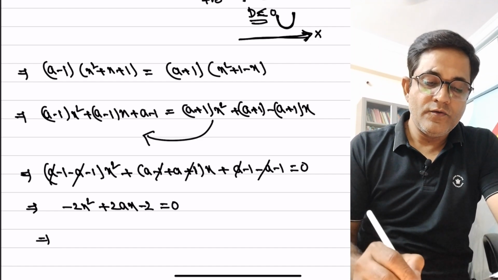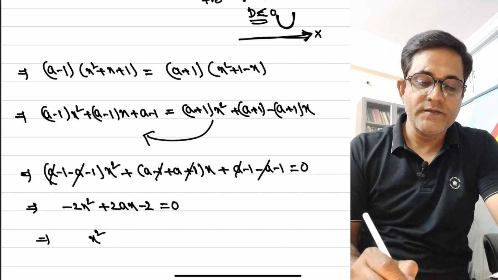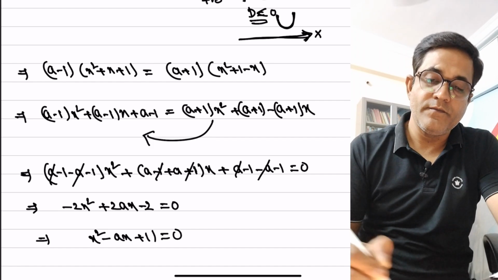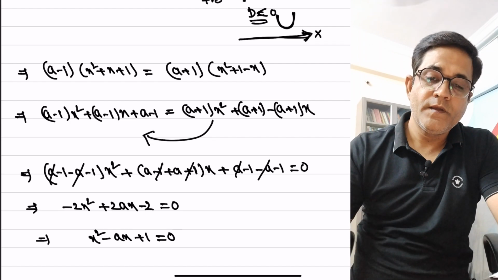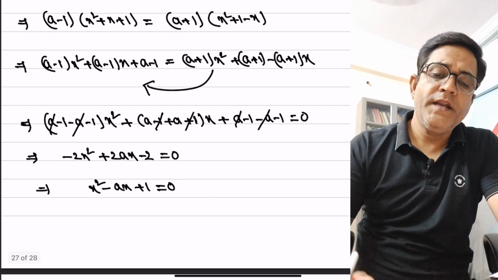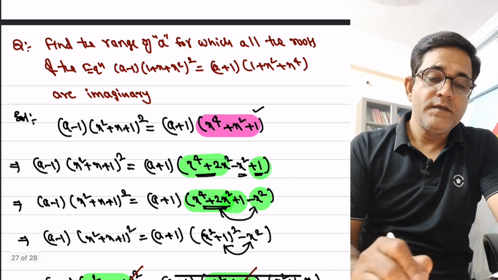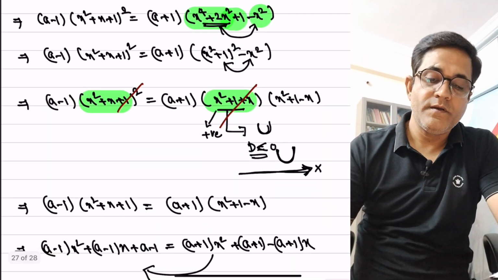Taking −2 common and cancelling, you are left with x² − ax + 1 = 0. In the question it is given that the equation has imaginary roots, therefore x is an imaginary number.